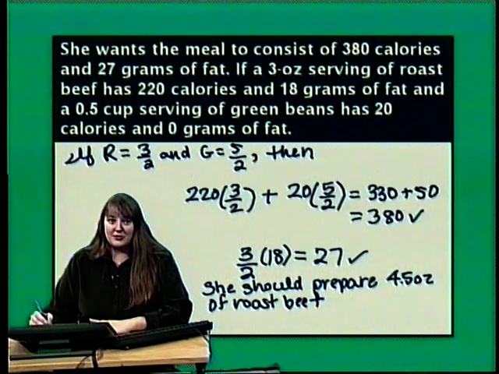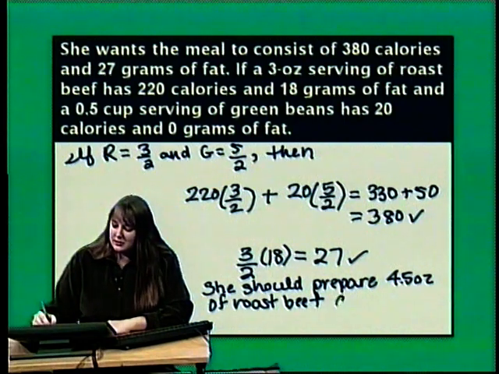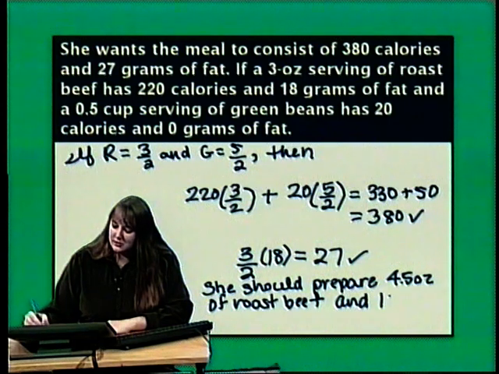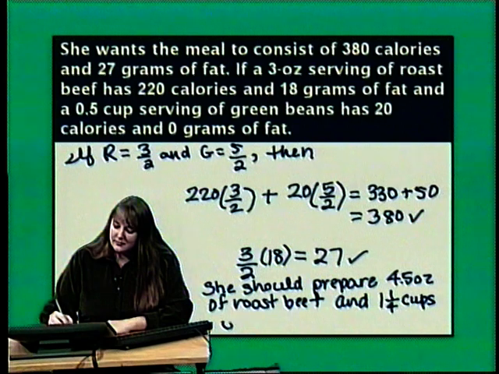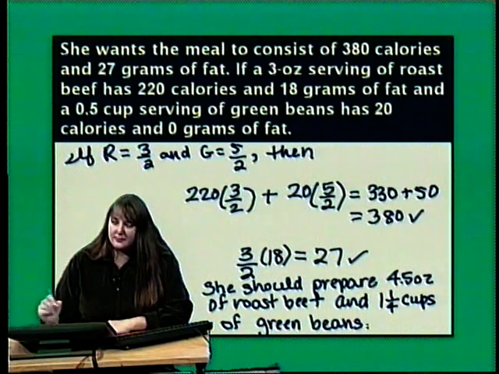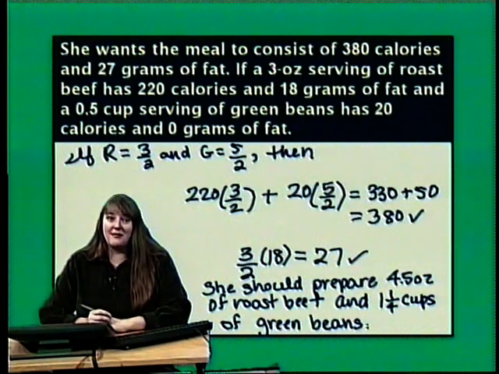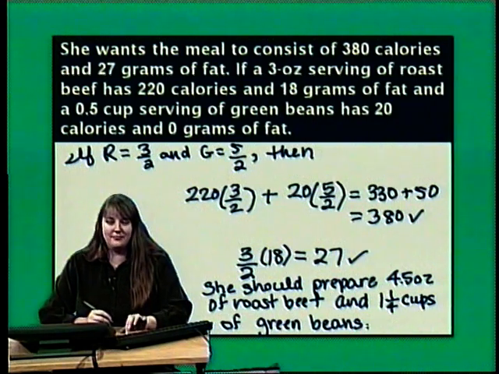Well, 2 half-cup servings of green beans would be a cup, and then a half more is a 1/4 of a cup, so we have 1.25 cups of green beans. If she prepares this, she'll have a 380-calorie meal with only 27 grams of fat.